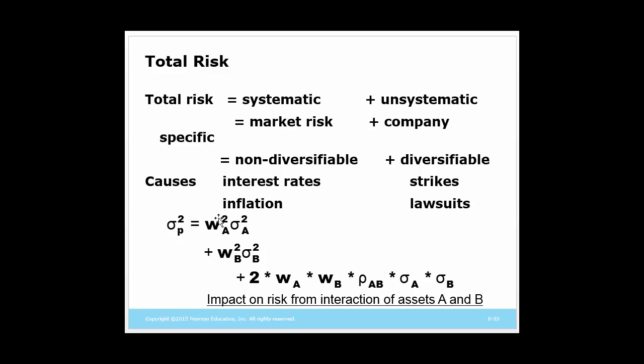In fact, we might be able to eliminate some of the risk that each asset brings to the party. So again, this is a formula that helps us kind of understand a little bit about how diversification happens inside a portfolio. Now, what happens when we add another asset? We get another set of these for each asset, of course, but now we also get a set of these for every pair.